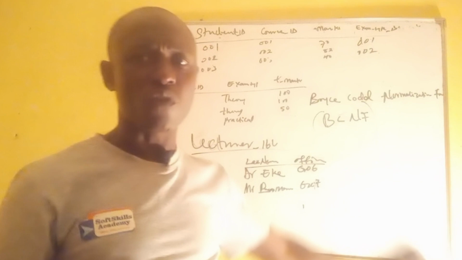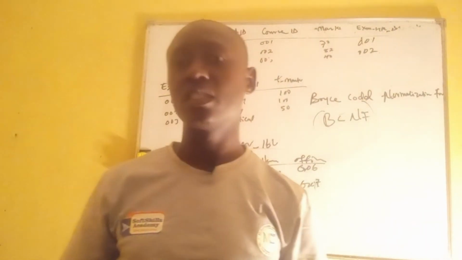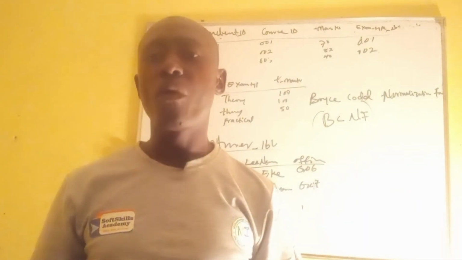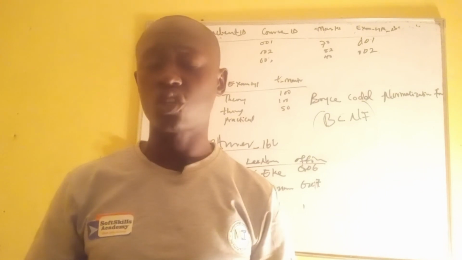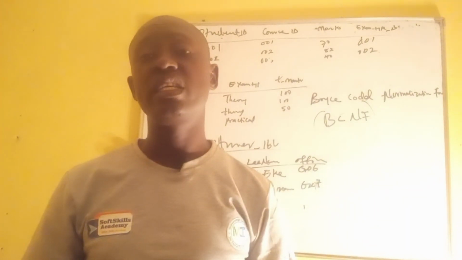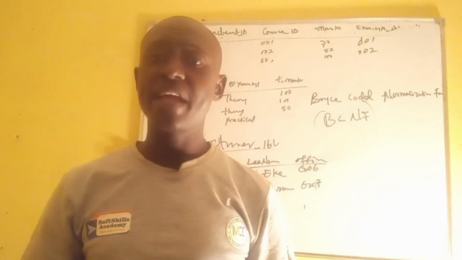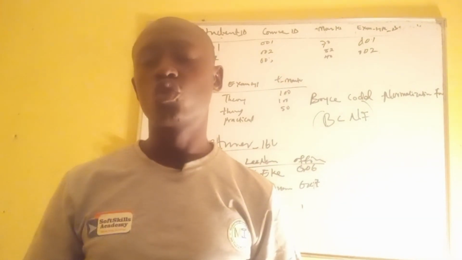So we have come to the end of this normalization form. In our next class, we are going to deal with SQL, that's structured query language, where we are going to exhibit our practical sessions using what we call MySQL Workbench.